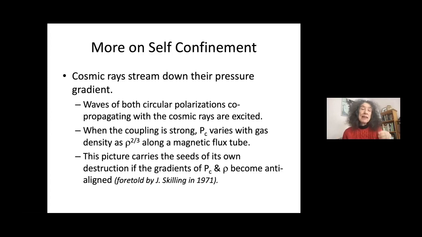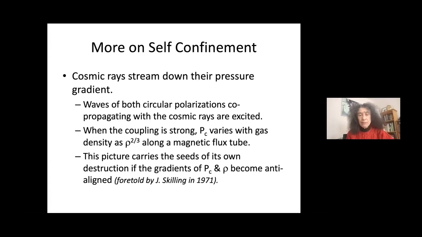Even though there's a bulk drift, it's very small compared to the individual random motions of cosmic rays. Cosmic rays going one way will gyroresonantly scatter from one circular polarization, and cosmic rays going the other way will scatter from the other. So when you have waves propagating in just one direction, it's necessary to have both circular polarizations to be able to scatter the cosmic rays, or put another way, linearly polarized waves.